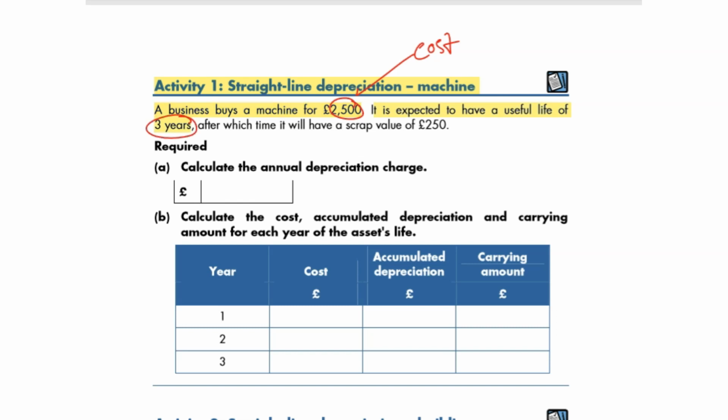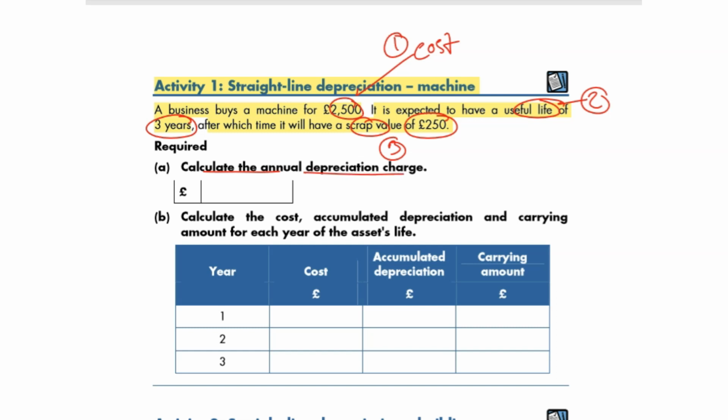So we have two pieces of information so far. After which time it will have a scrap value of 250. So we have our 3 items: cost, life of the asset, and scrap value or residual value. You've been asked to calculate the annual depreciation charge.